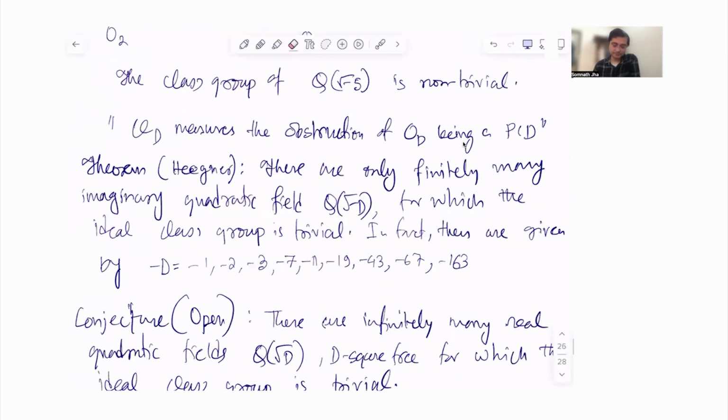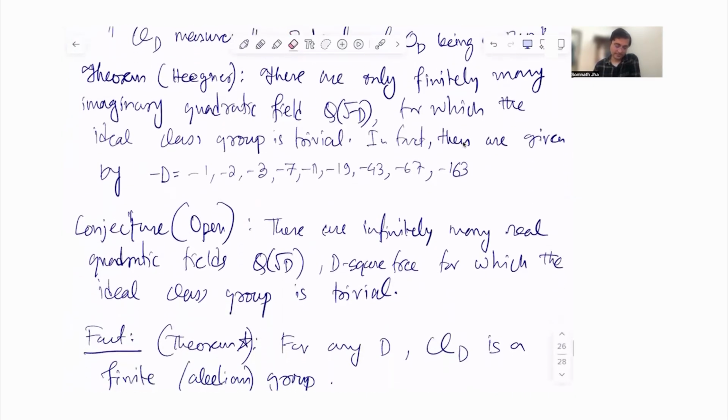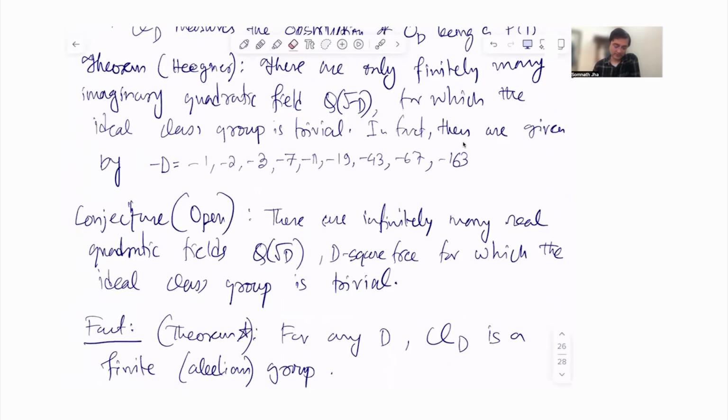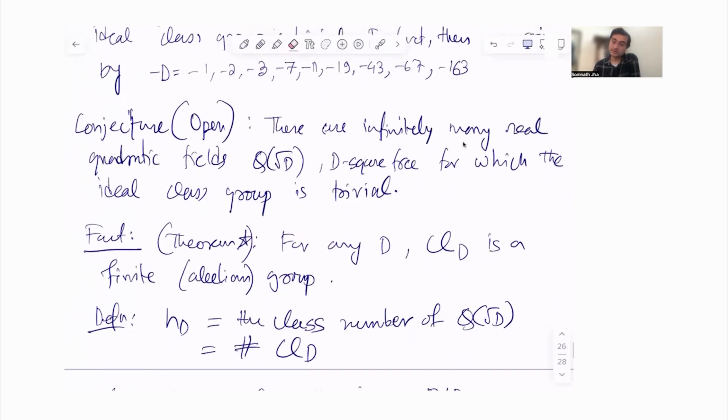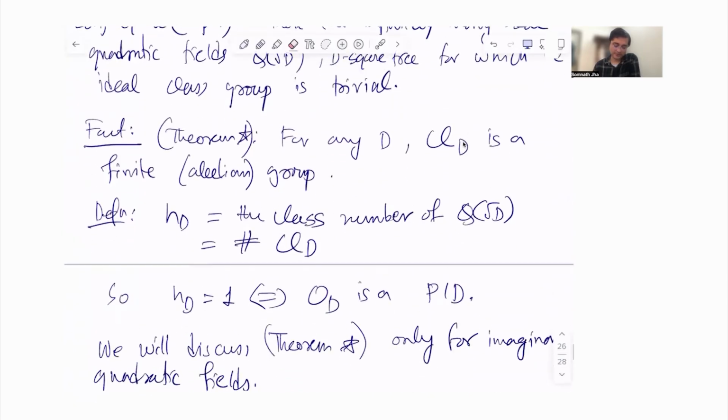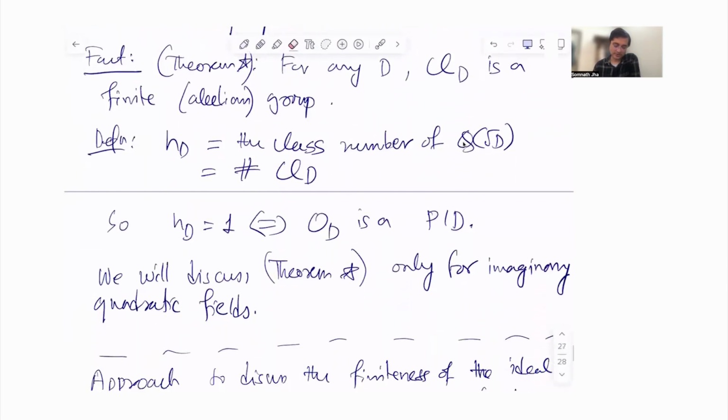For imaginary quadratic fields, there are only 9 square-free negative integers for which this class group is trivial, and for real quadratic fields it is a conjecture that infinitely many have trivial class group. The size of this class group is called the class number.